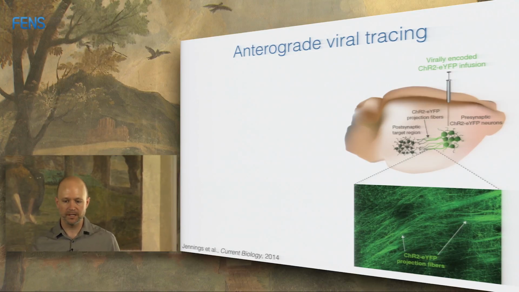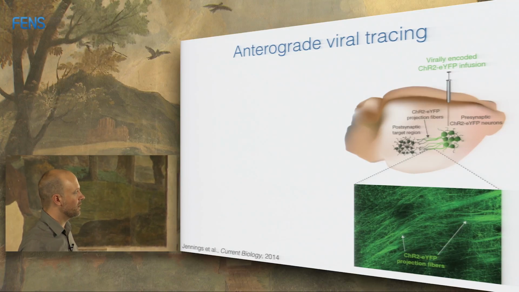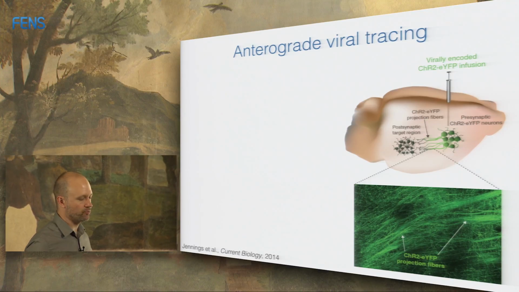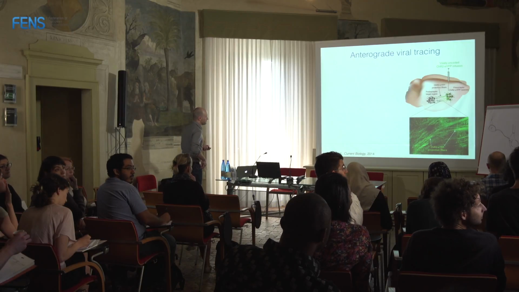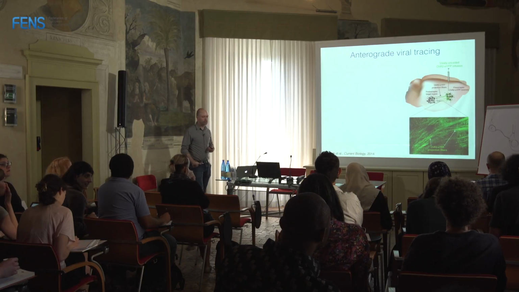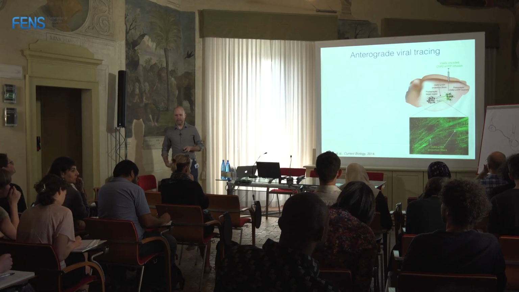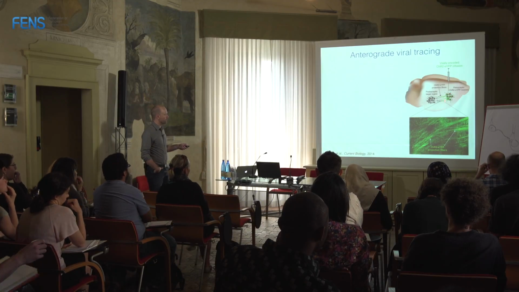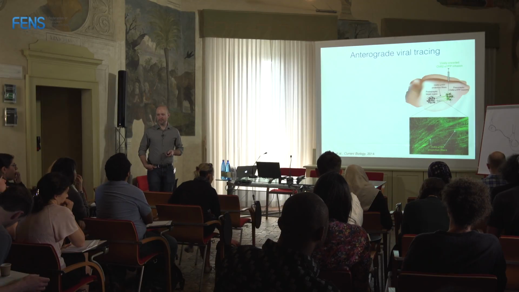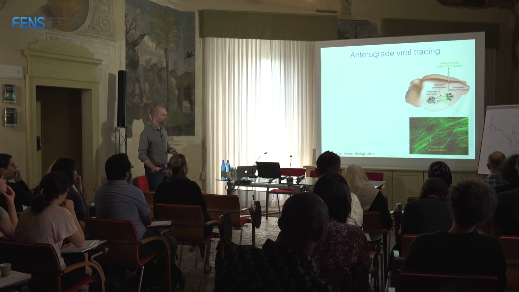So this gives us a way to essentially screen the entire brain to see where fluorescent fibers originating from your cell type of interest are ending up in the brain. You can think of this as analogous to classical anterograde anatomical tract tracing studies, with the added advantage of this being done in a cell type specific fashion.